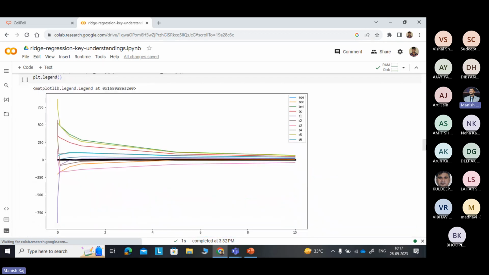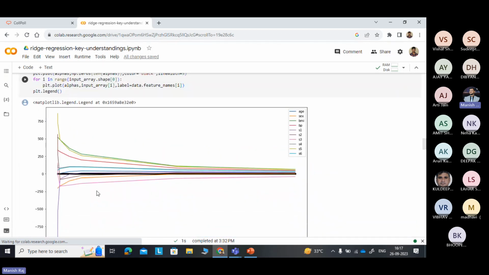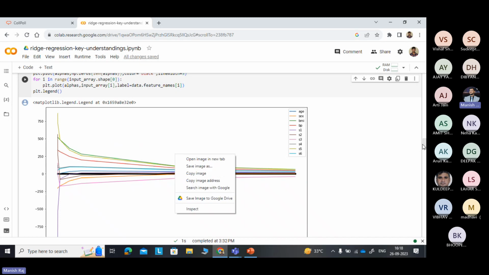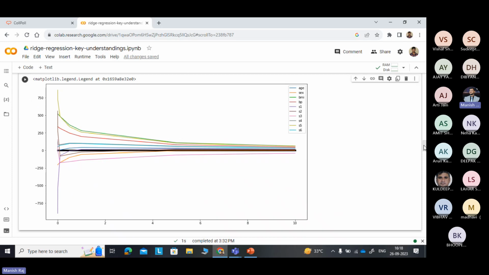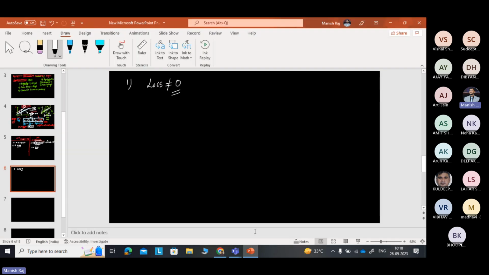One graph is there, this is the graph. We have used some different lambda values. You can see here, it is tending to zero, but every time we increase the lambda value, you find that it tends to zero but never reaches zero.